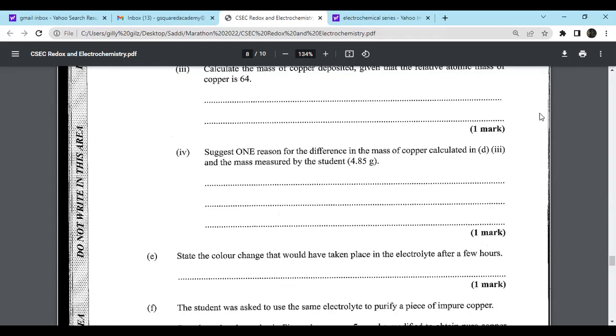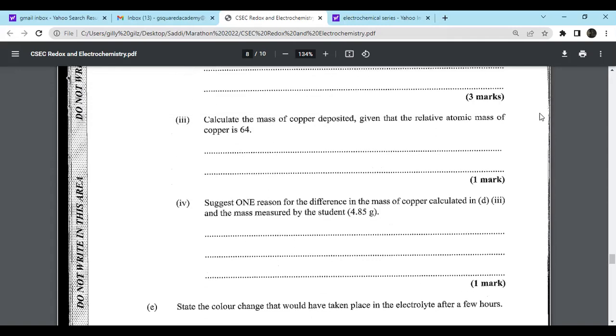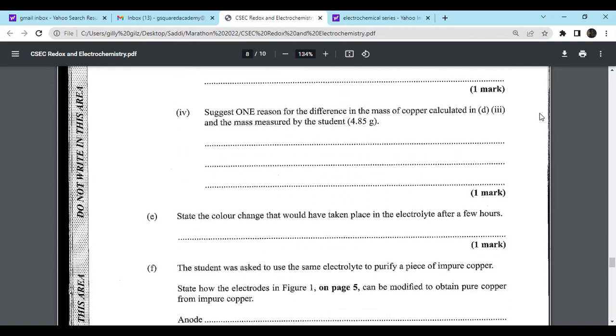So there's a difference because your reaction is not being done under, let's just say, ideal conditions, right? And because it's not being done under ideal conditions, you would end up with errors. There's going to be mass losses, for example. When you're transferring stuff, some of the copper might be left on the paper, some might be blowing away, a number of things may happen. So therefore you won't get the same amount as under ideal conditions, okay? And that's the situation with that one.